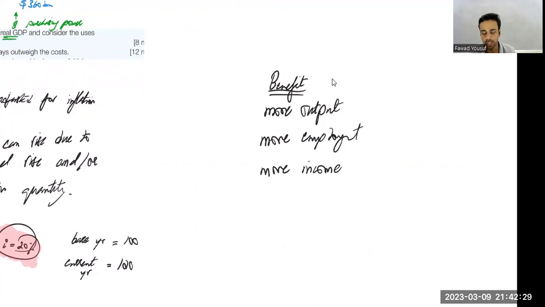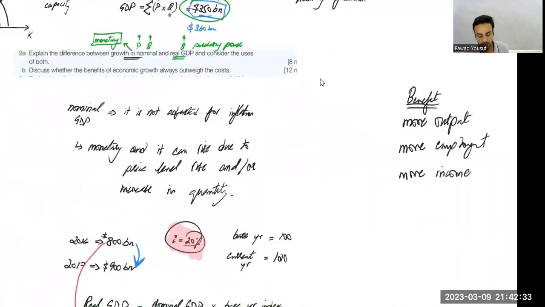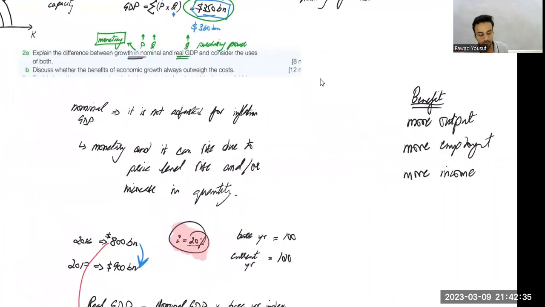Consider the uses के अंदर कि nominal और real की values से क्या कर सकते हो आप? Well, nominal is just simply going to tell you what is happening to the monetary value of output. उसमें inflationary effect भी हो सकता है और quantity, but actually the real is the better measure of living standards, because the more purchasing power, the better the living standard is.